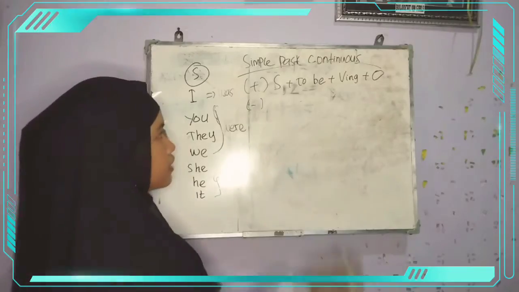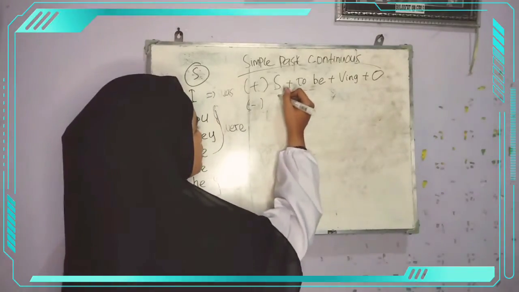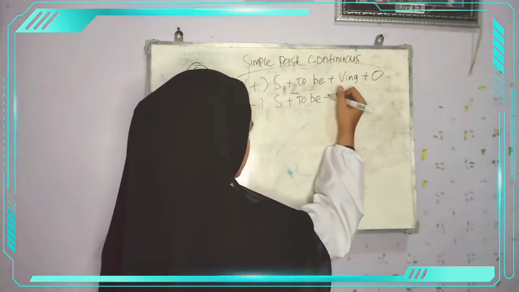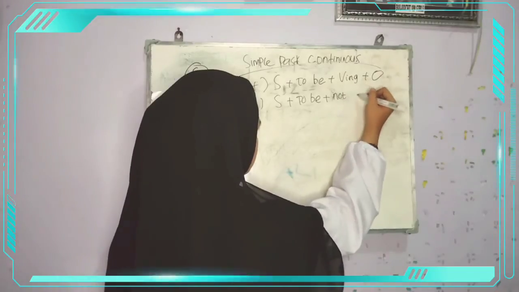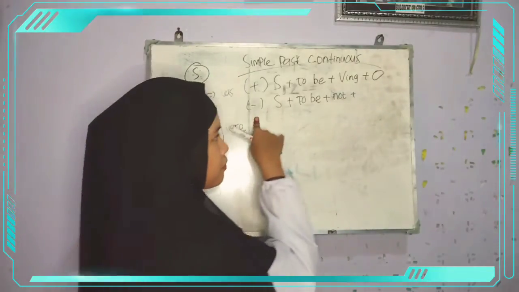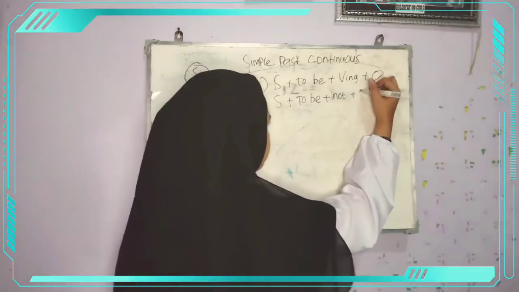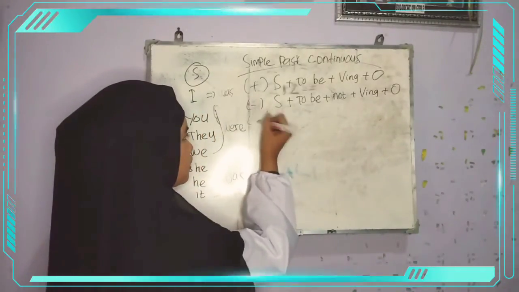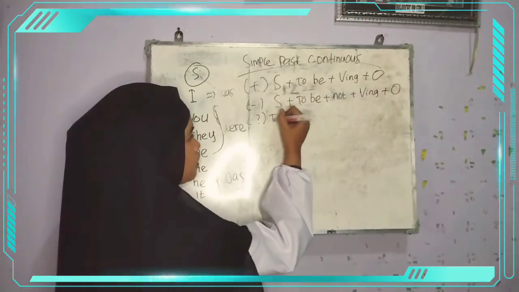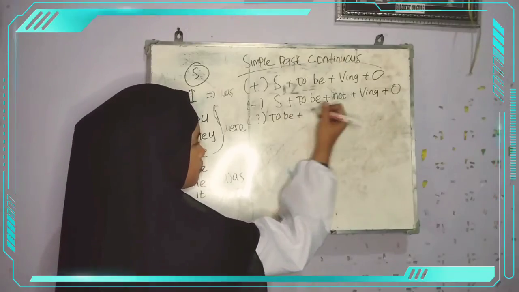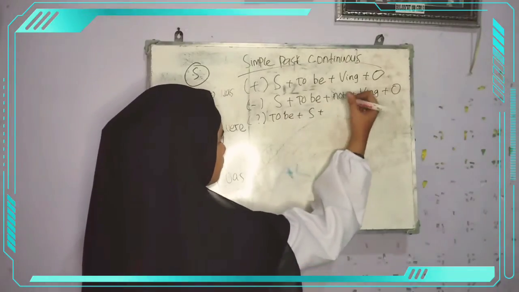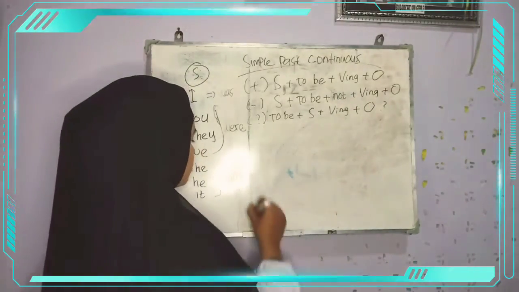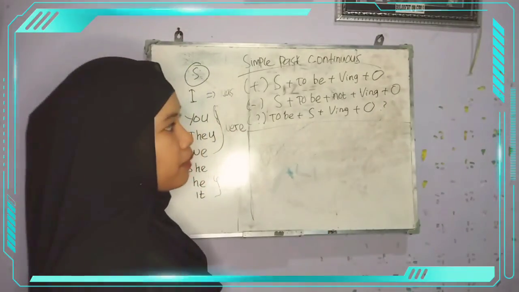For the negative pattern, first, as usual, subject, to be, and then not, because it is negative, we use not, verb -ing, and object. For the interrogative, to be, subject, verb -ing, and then object. Okay, this is the pattern.